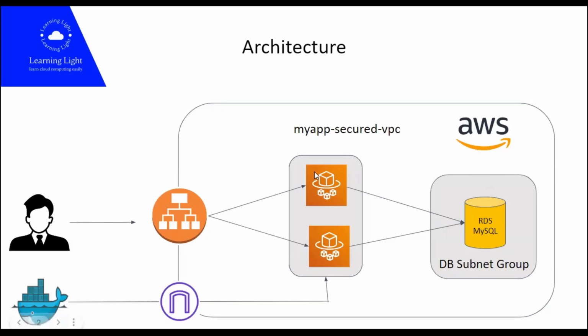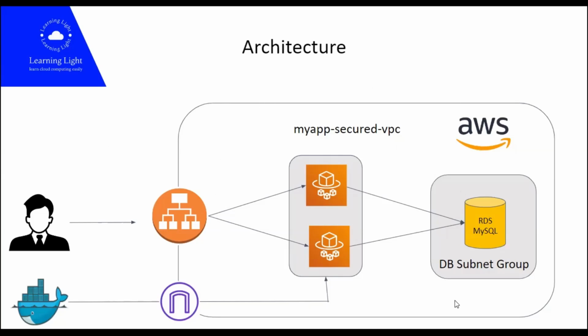So no one from the external world can access this MySQL RDS database, but it can be accessed by our application written in Python, spinning up in the container inside the ECS Fargate environment. Only this ECS service can fetch and put data in the RDS MySQL database, and no one else from the outside.